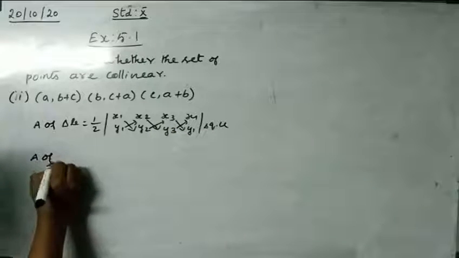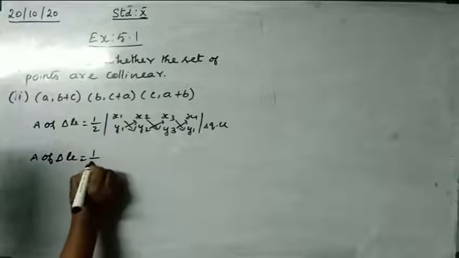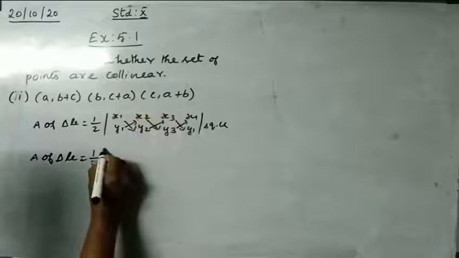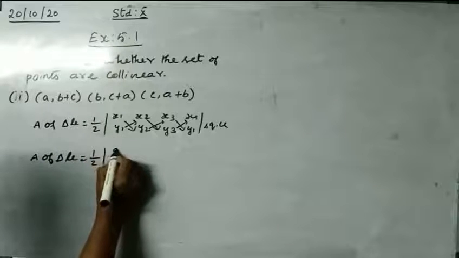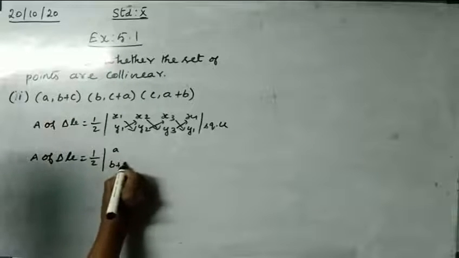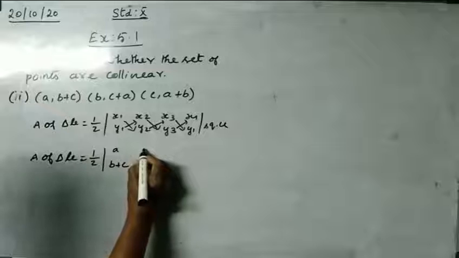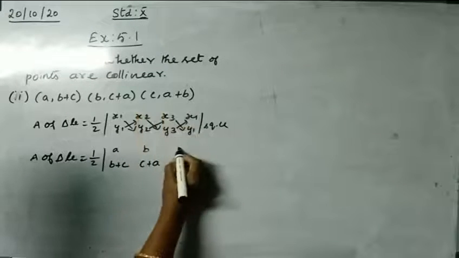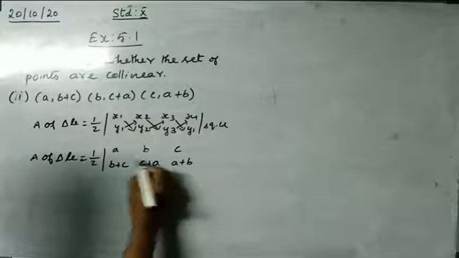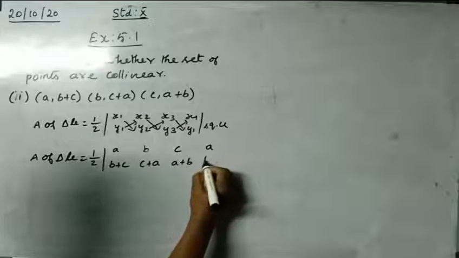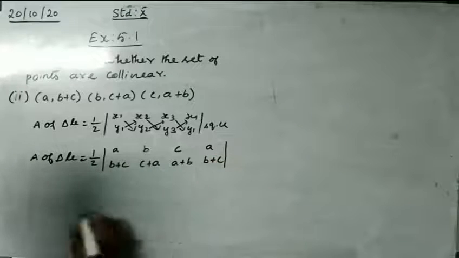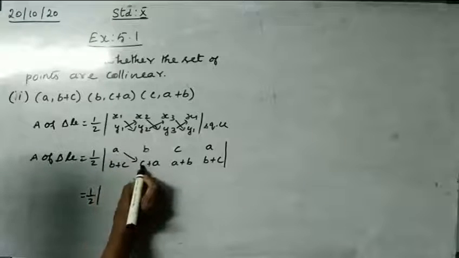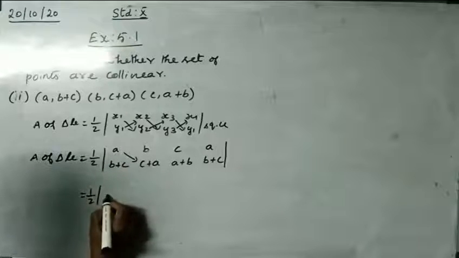Now the area of the triangle is equal to 1 by 2. Take these as x1 y1, x2 y2 and x3 y3. What is x1? A and B plus C. x2 y2 is B, C plus A. x3 y3 is C, A plus B. Once again x1 y1, A, B plus C. So it is equal to 1 by 2 into, first multiply these two: A into C plus A, A into C is AC.